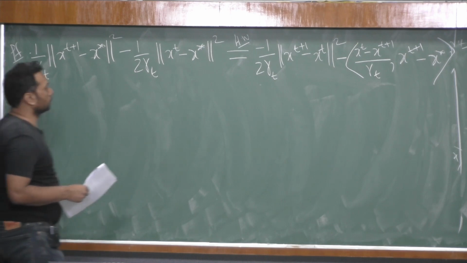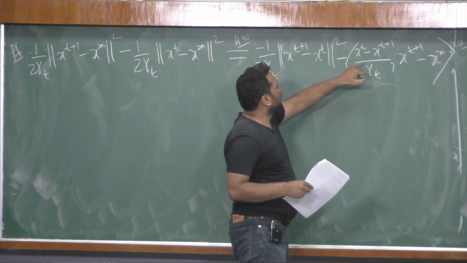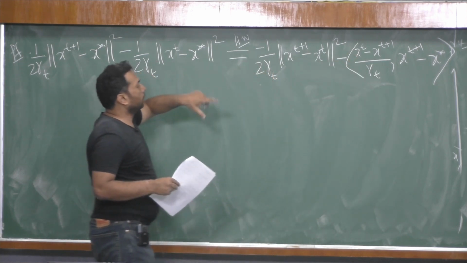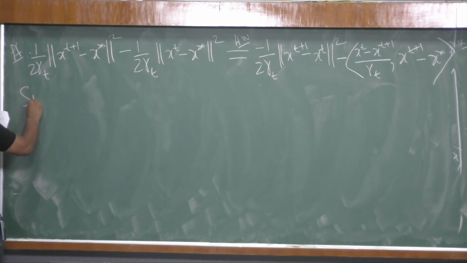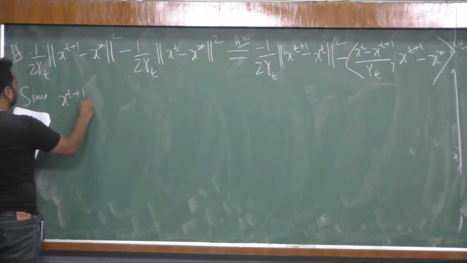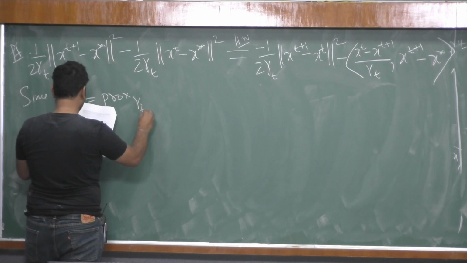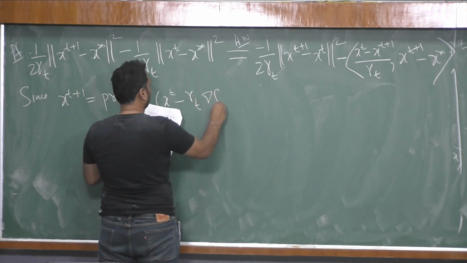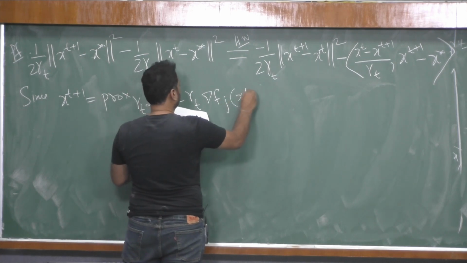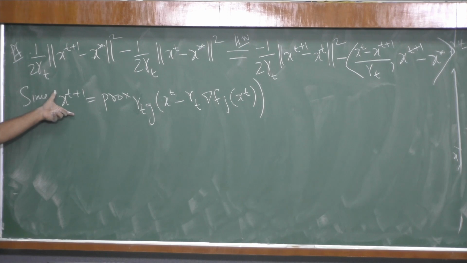That's the subdifferential result that we are going to invoke here. x_{t+1} comes from the proximal of gamma t g applied to x_t minus gamma t grad f_j x_t. So this is exactly how proximal stochastic gradient descent is.